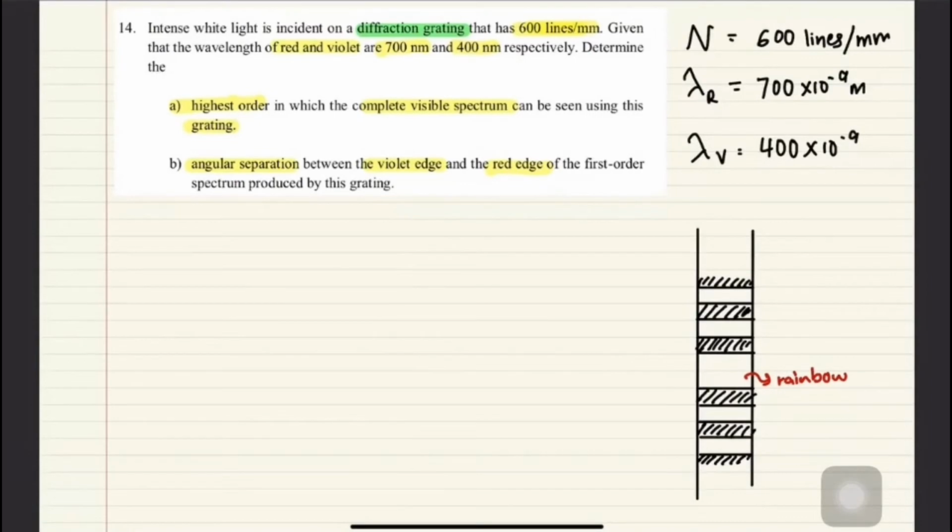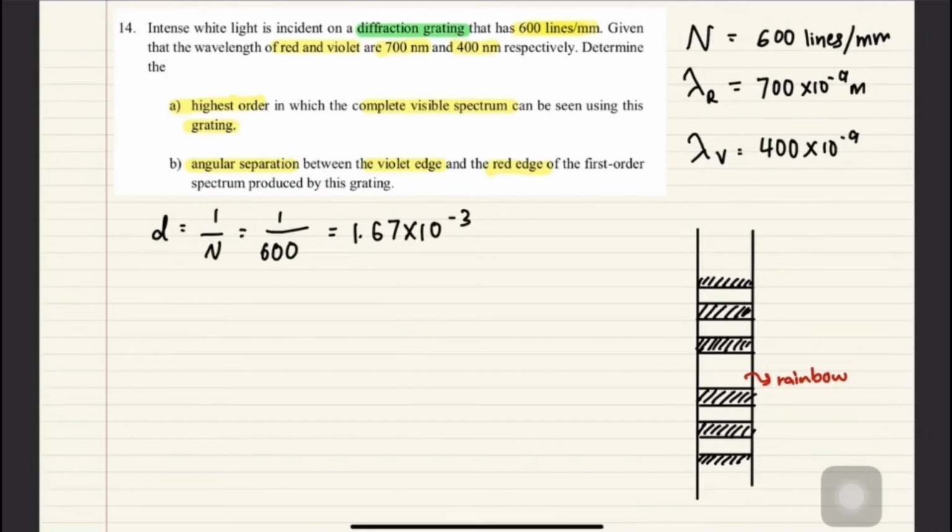D sin theta equals n lambda. If you want to use D sin theta equals n lambda for bright fringes, you have to find D first. As I said, you don't have to convert the unit first, you just substitute everything. The value you get here, 1 per 600, is 1.67 times 10 negative 3.